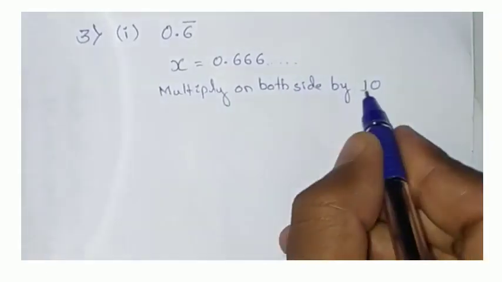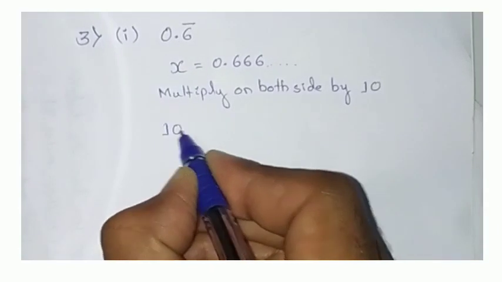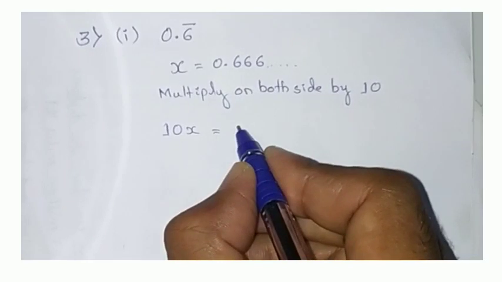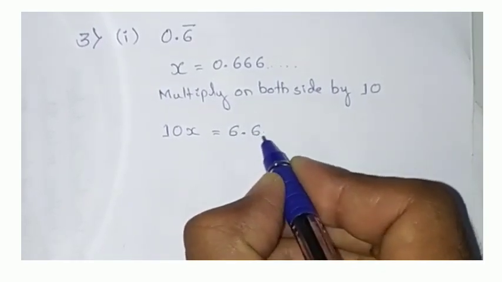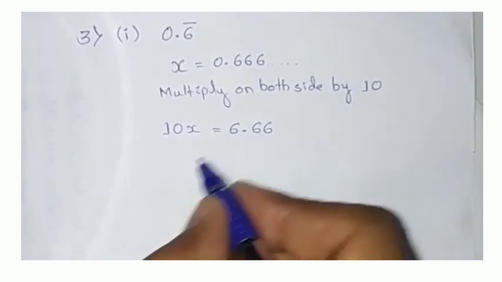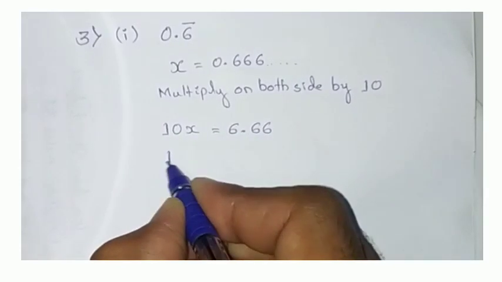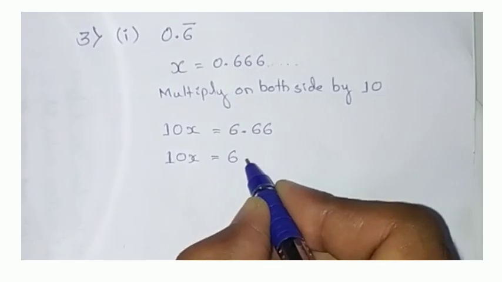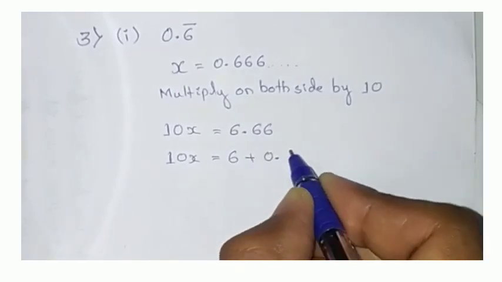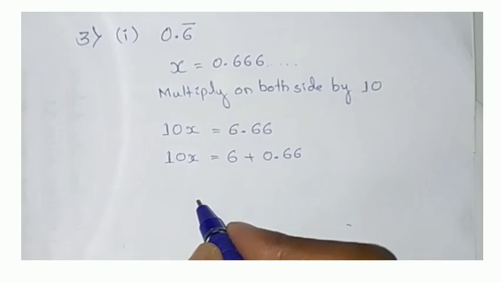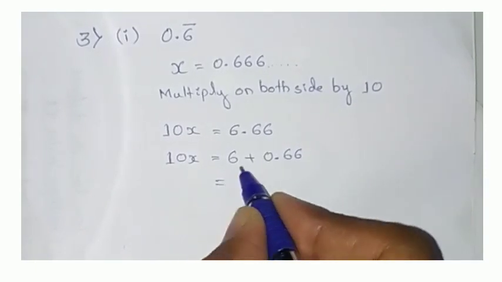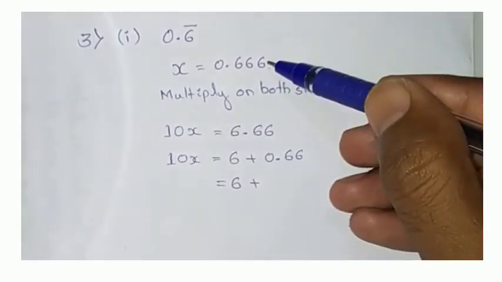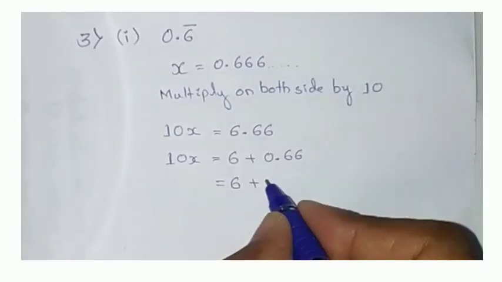So 10x equals 6.66. Splitting the second term, I'll write it like this: 6 plus 0.66. Here 0.66, what we got here? 0.66 is x, so I'll take it as x.